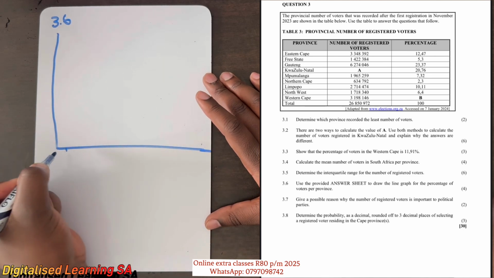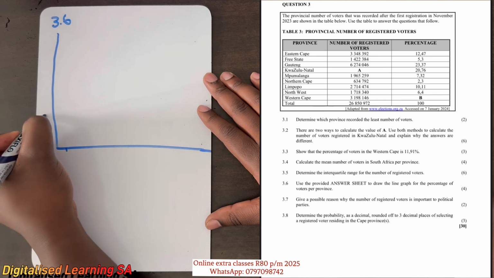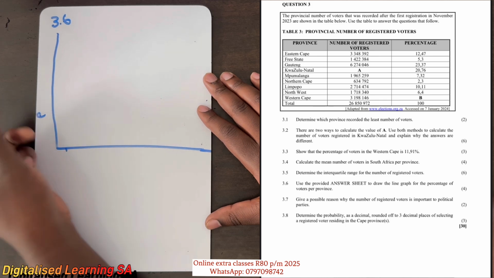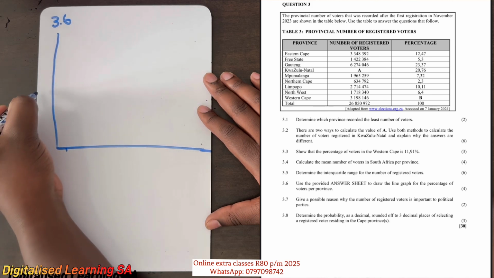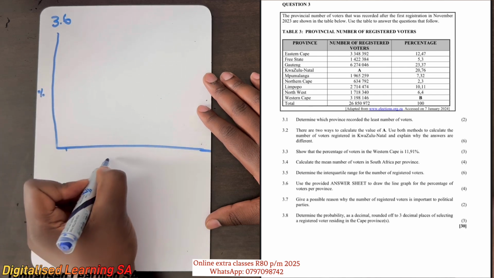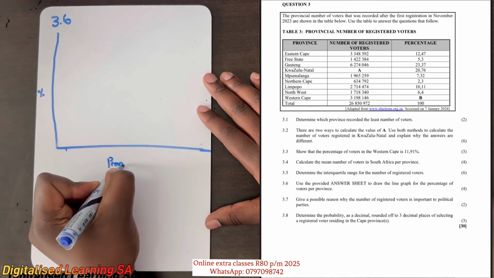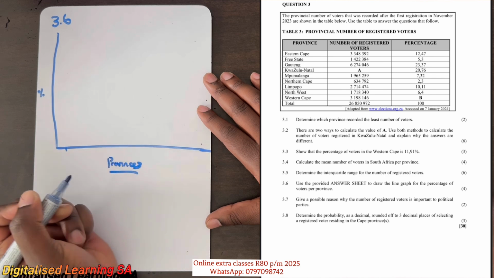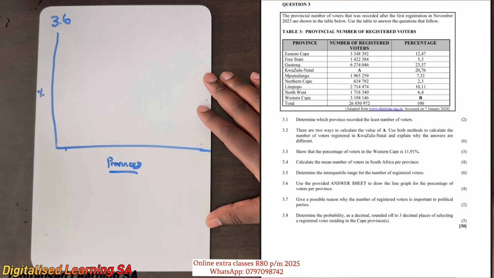This side will represent percentages, and this will represent provinces. That's how it is described in the answer sheet they are talking about.